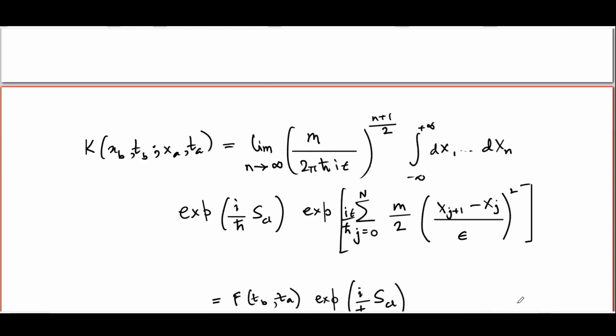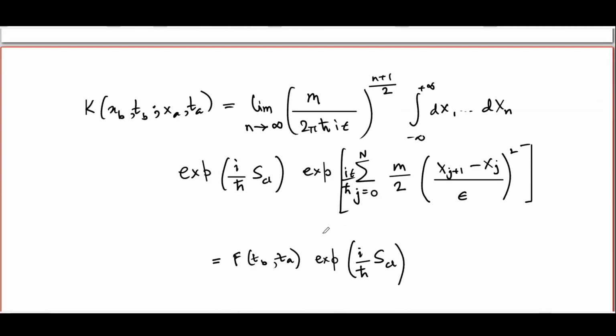So finally, what this really becomes is exponential of i by h cross times S classical into a function of tb and ta. The rest of the stuff that you have here, all of this and this, if you just leave this term out, will ultimately depend only on ta and tb, and this is the overall normalization factor that our propagator will have. Now we already know what this normalization factor is because we have explicitly calculated the propagator for the free particle earlier.